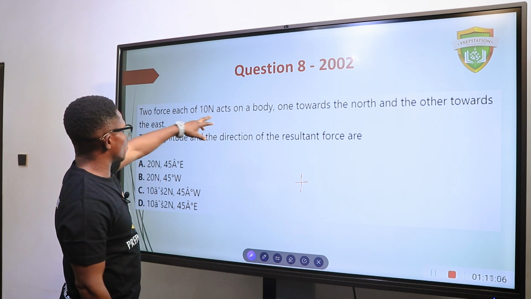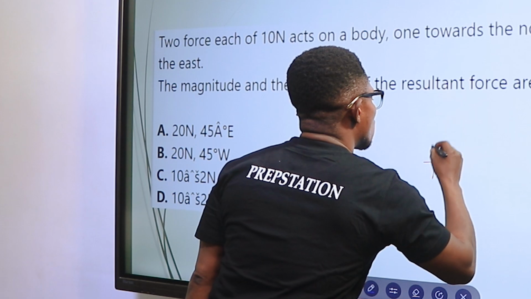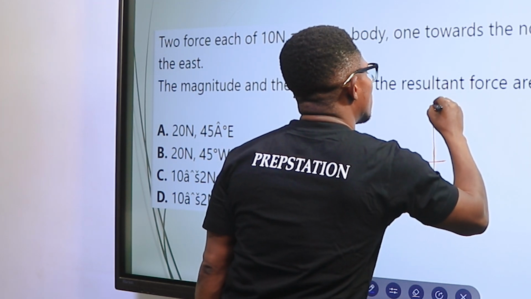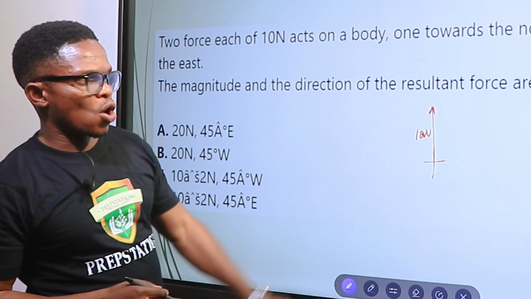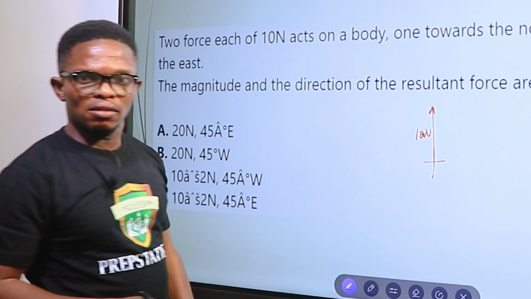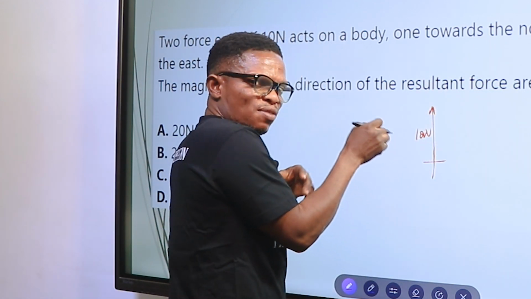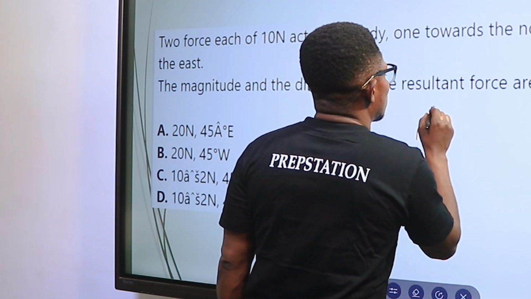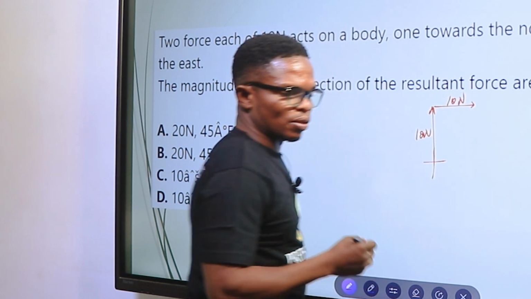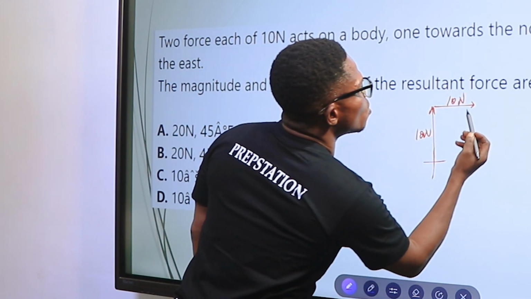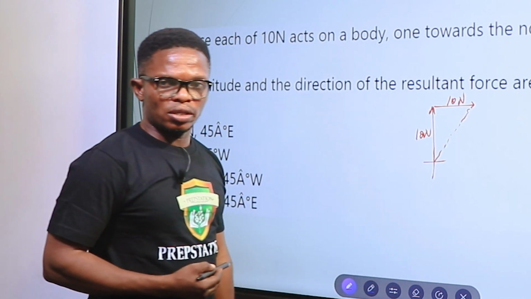So let's start with north. One is towards the north and is 10 Newton force. Then the other towards the east. My right hand is east, so ensure that the second vector starts from where the tip of this one stops. This is the second vector, and it is also 10 Newton. So what will be the resultant force? A line drawn from this point to this point.